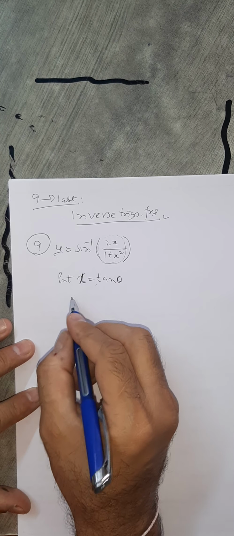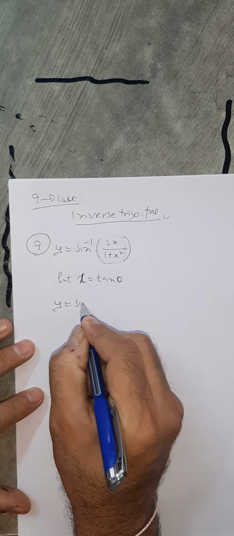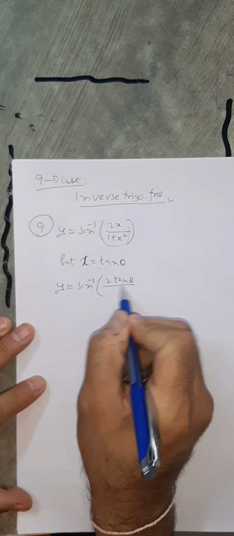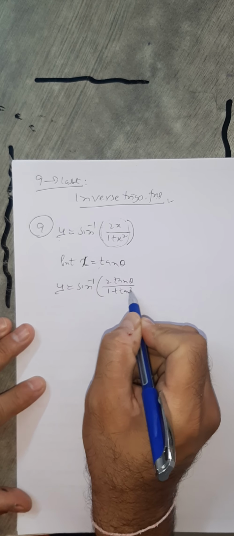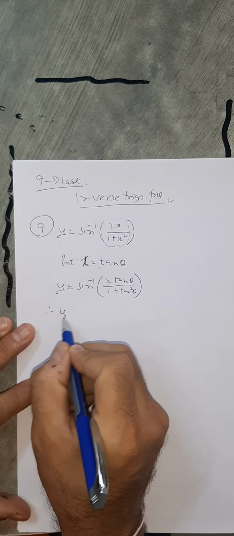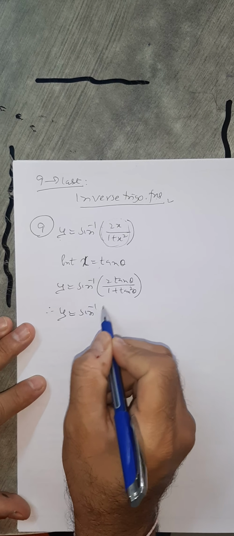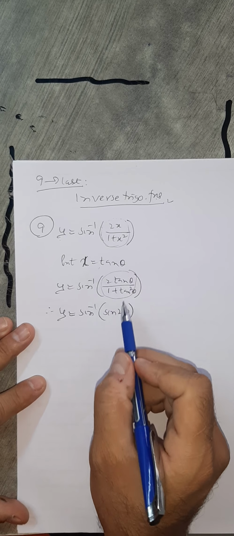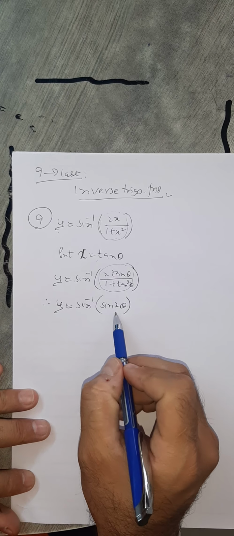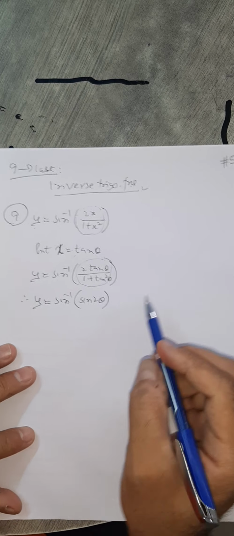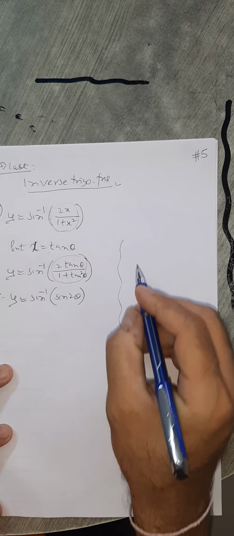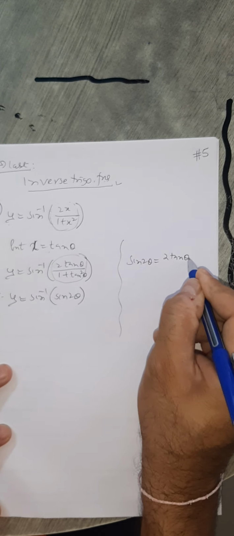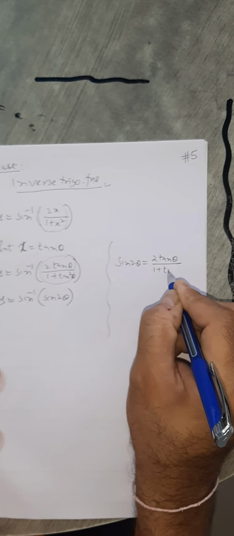So if I put there, you have y equals to sine inverse 2 tan theta upon 1 plus tan square theta. And you know very well this is nothing but the sine 2 theta inside the bracket. This is the formula of sine 2 theta, 2t upon 1 plus t square, double angle formula if you remember. You must recall these three formulas. One is sine 2 theta equals to 2 tan theta upon 1 plus tan square theta.